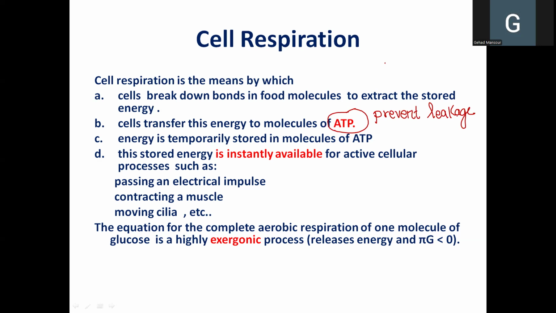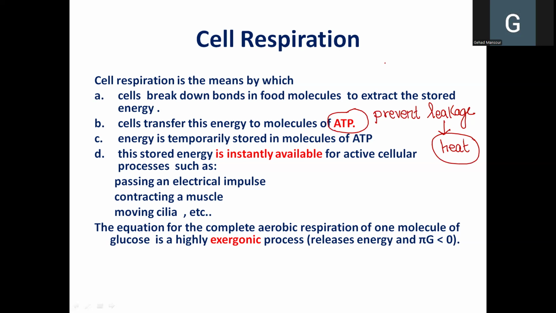So when you get energy, you have to keep it. You have to prevent it from leakage because, as you know from our previous study on energy and enzymes, if this energy is leaked, it will be leaked in the form of heat.